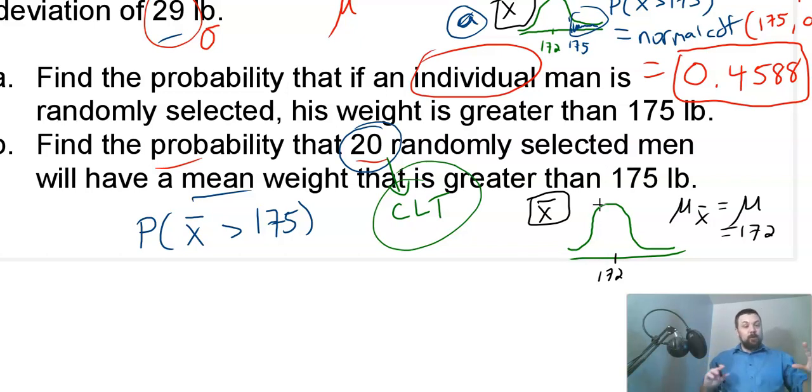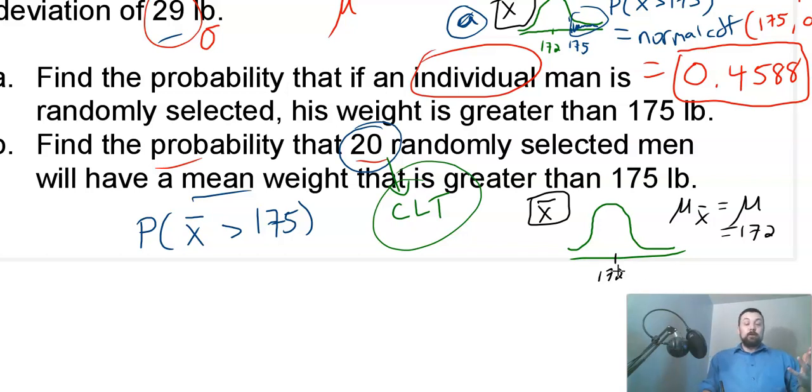But if you're taking 20 men at random and averaging them, the average weight of 20 people is going to tend back towards the middle, towards the average of individuals. You might have a couple of heavy people and a couple of light people, but when you average it all out, the average is most likely going to be pretty close to 172, and it's not going to go far away from that.